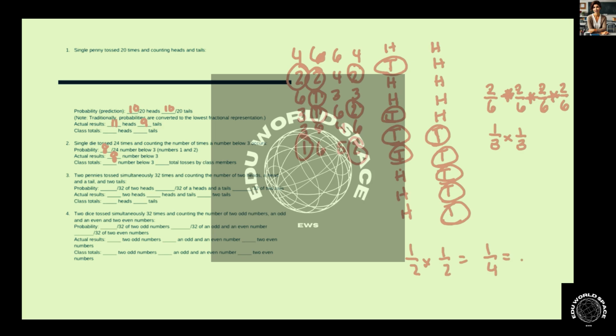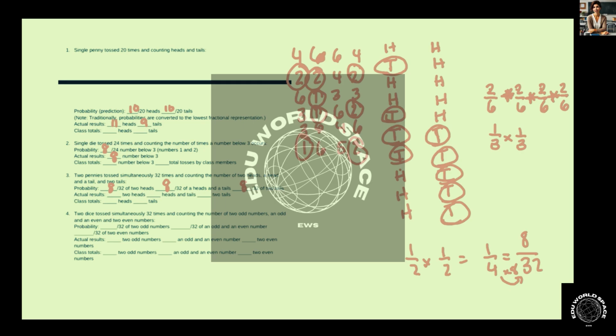And then out of 32 times, if I multiply times 8, that would be 8 out of 32. And then a heads and a tails, that's still 8 out of 32. And 2 tails would still be 8 out of 32.